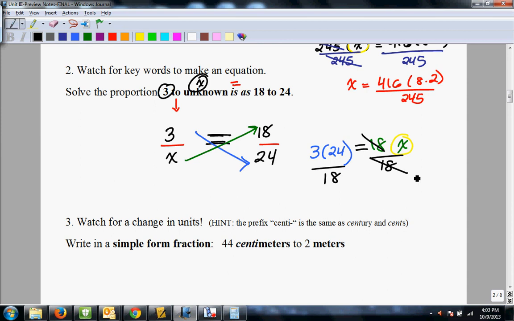Guess what? You still don't need to grab a calculator, because remember the key to multiplying sometimes is not multiplying, it's simplifying. Watch. 3 and 18: 3 goes into 18 6 times. You're not done. Circle 24 and 6. 6 goes into 24 4 times. So x equals 4.